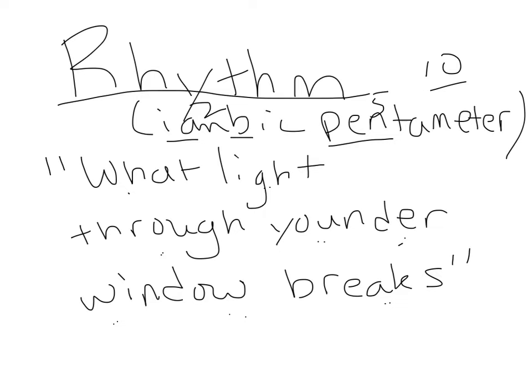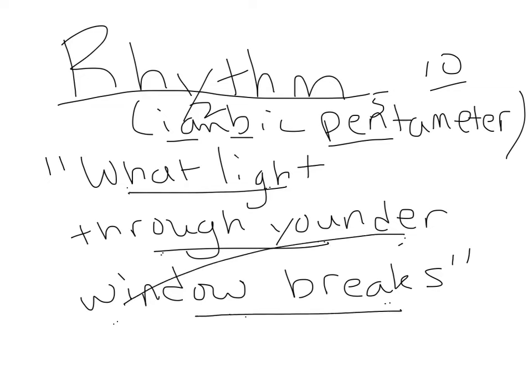Well, I've got to put another line in there, but apparently I forgot Shakespeare at the moment, but we'll get the point. So we have those lines, and if you look, the iamb, we have these two together. What light through yonder window breaks.